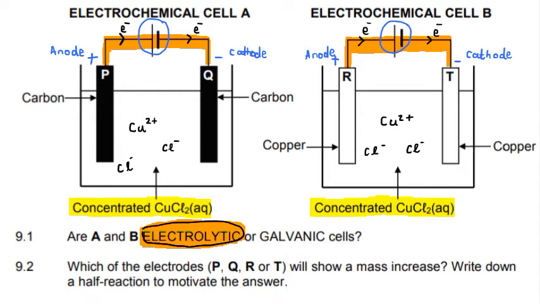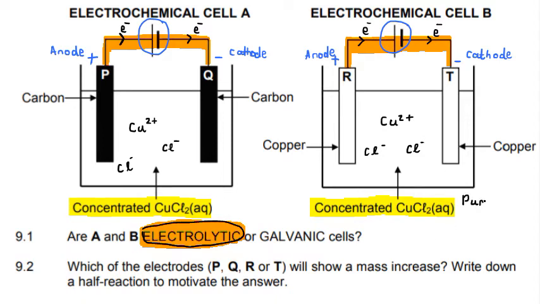Question 9.2 says, which electrodes P, Q, R, or T will show an increase in mass? Write down a half reaction to motivate your answer. We identified cell B as being the purification of copper.